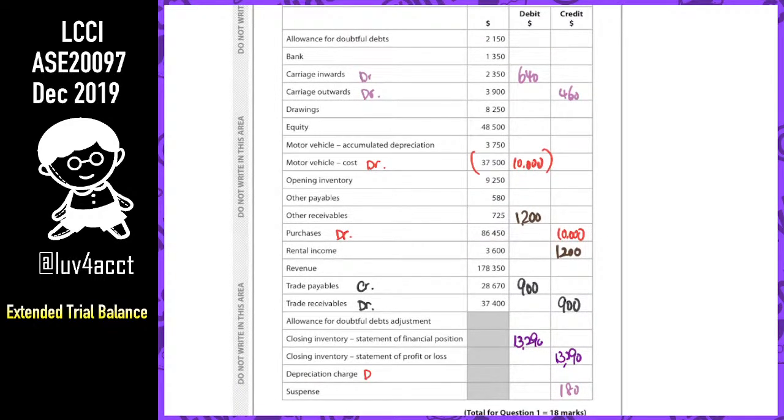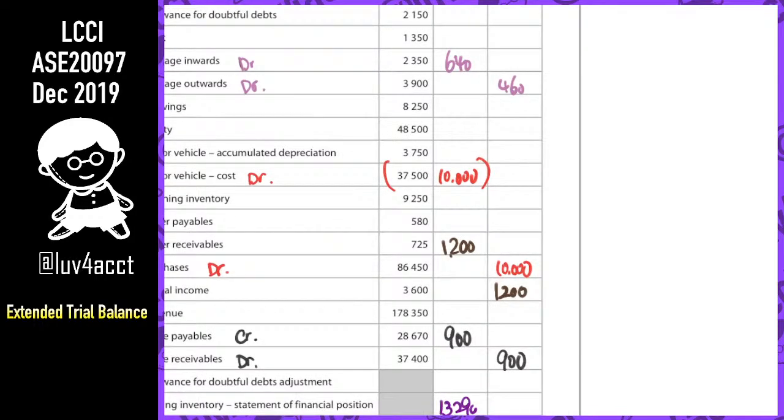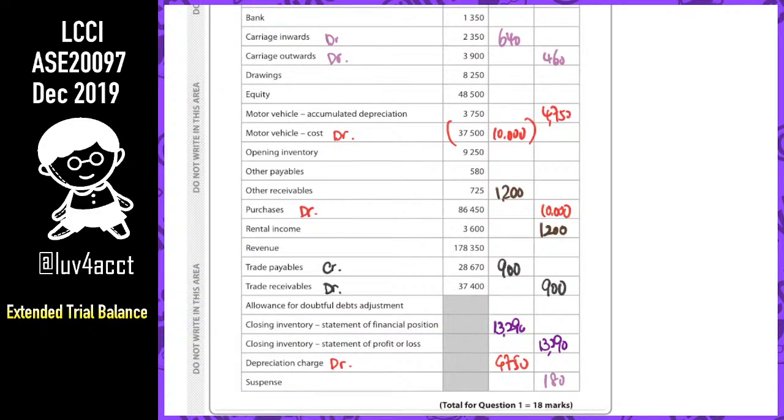We have depreciation charge debit because it is an expense, 4750, and then accumulated depreciation 4750. In this question, you are asked to work out the depreciation in straight line method, but if it is reducing balance, diminishing balance method, I think everybody can handle it as well. Just make sure you add back the 10,000 adjustment in the cost.